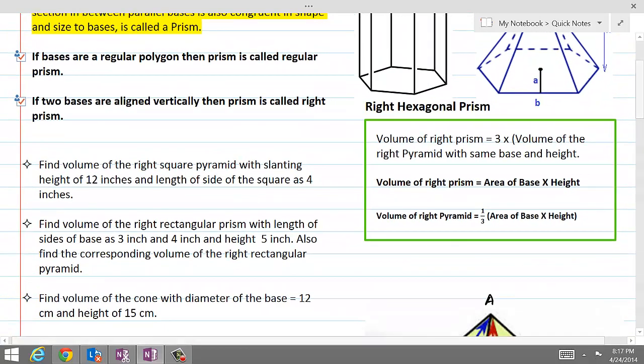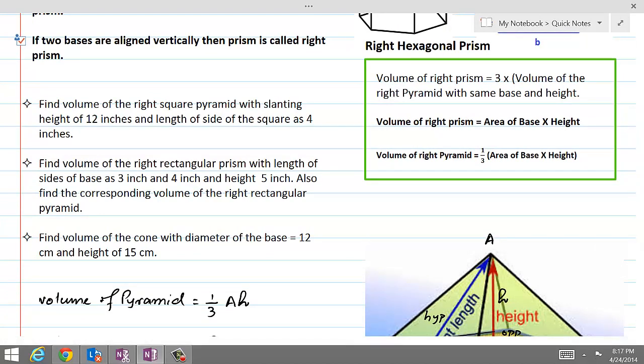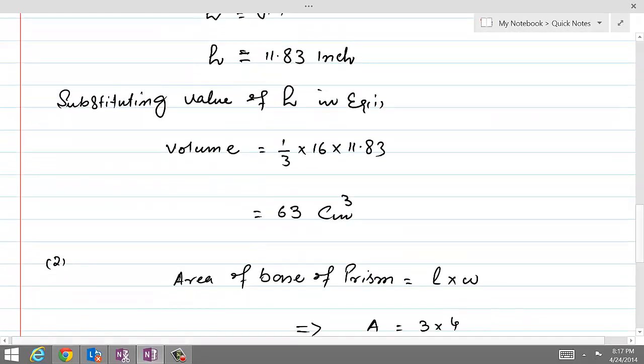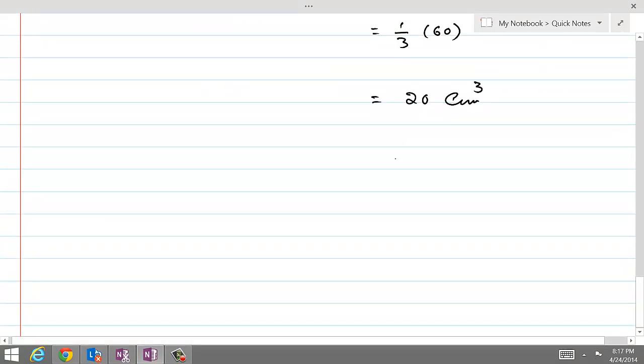For question number 3, we are given: find the volume of the cone with diameter of the base as 12 centimeters and height equal to 15 centimeters. Let's find out the area of the base first. The diameter of the circular base is given as 12.